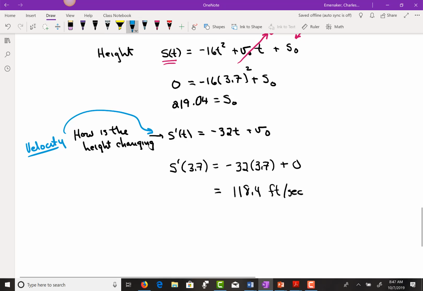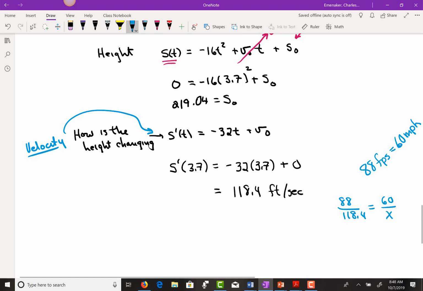If you haven't done anything like this before, you can always cheat and just go online and say convert 118.4 feet per second to miles per hour. Or, I always keep this in mind, 88 feet per second is 60 miles per hour. Is that rock going faster or slower than 60 miles an hour? Going faster than 60 miles an hour, isn't it? In fact, we could set this up as 88 over 118.4 equals 60 over x.